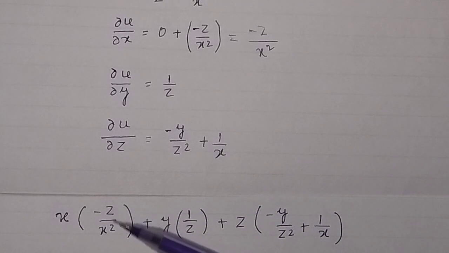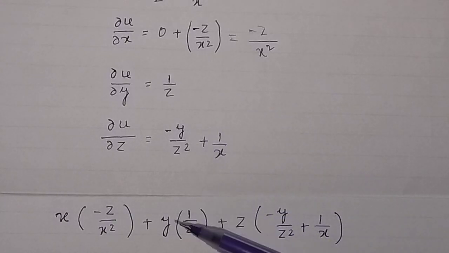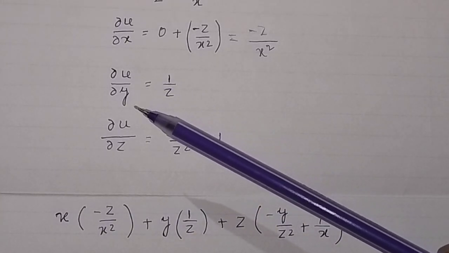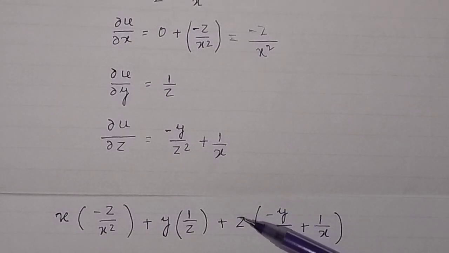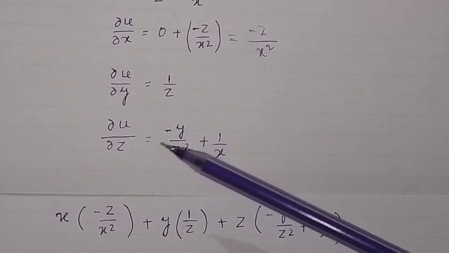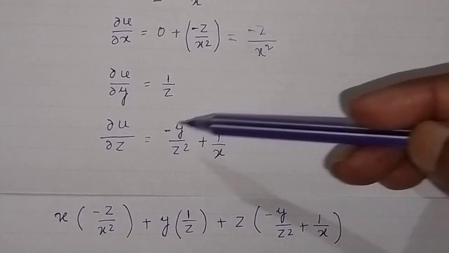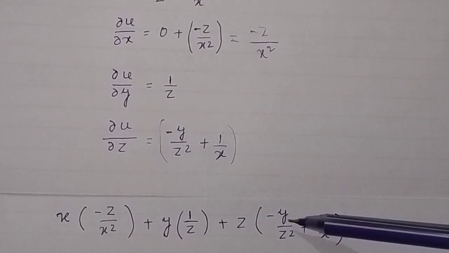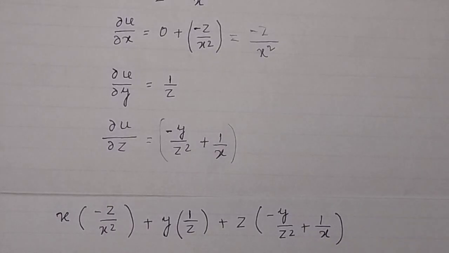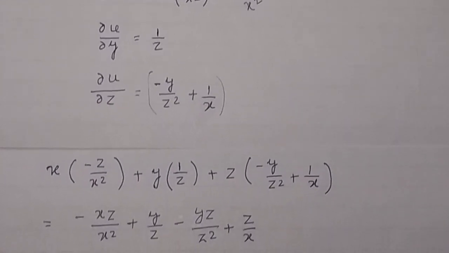So x into minus z by x square, plus the second term, y into partial derivative of u with respect to y, which is y into 1 by z, plus z into partial derivative of u with respect to z, which is z into minus y divided by z square plus 1 by x. So now you can solve it.